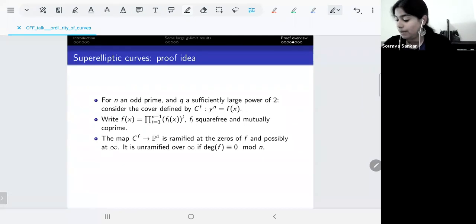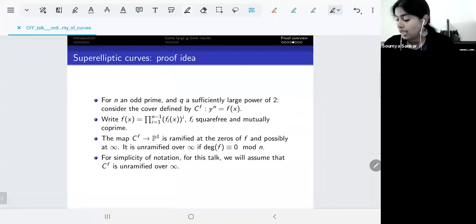And so this map from C_f to P^1, which basically sends (x, y) to the x coordinate, is ramified precisely at the zeros of f and possibly at infinity. And it turns out that it's unramified over infinity if and only if the degree of f is 0 mod n.